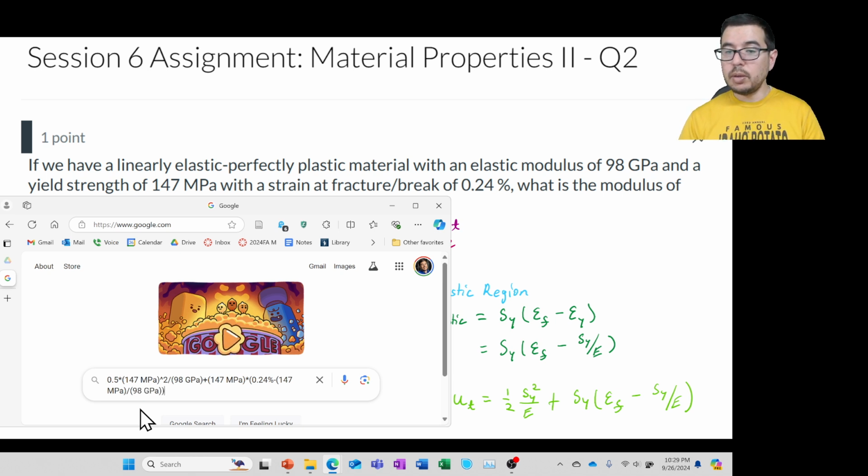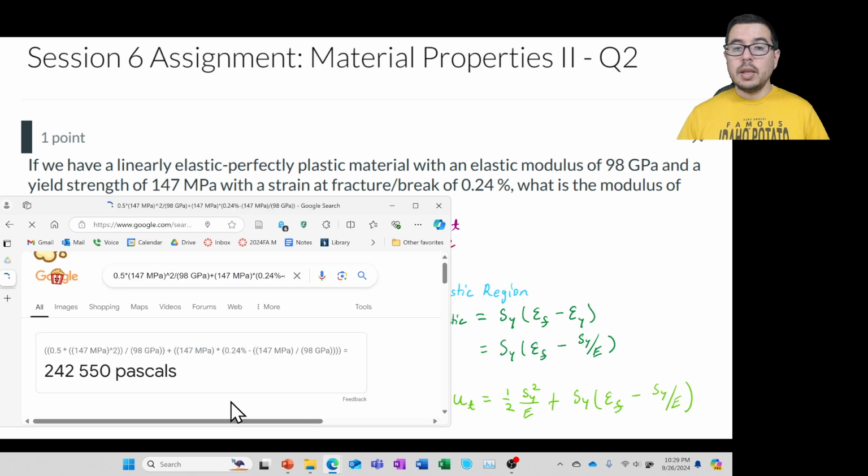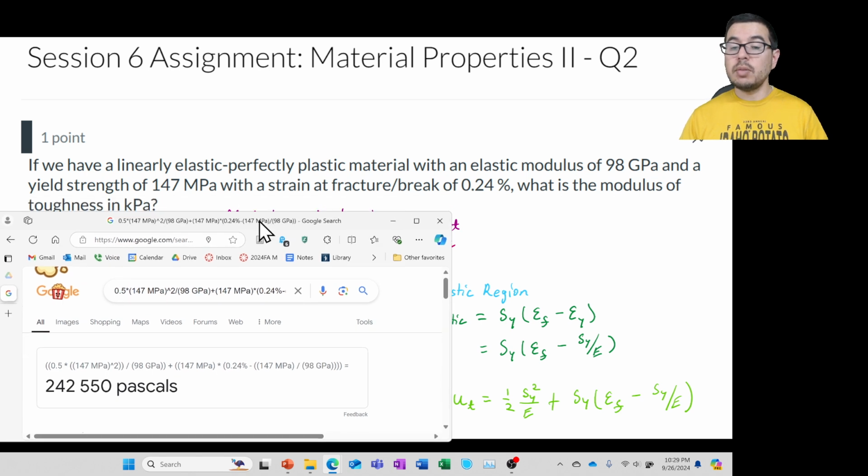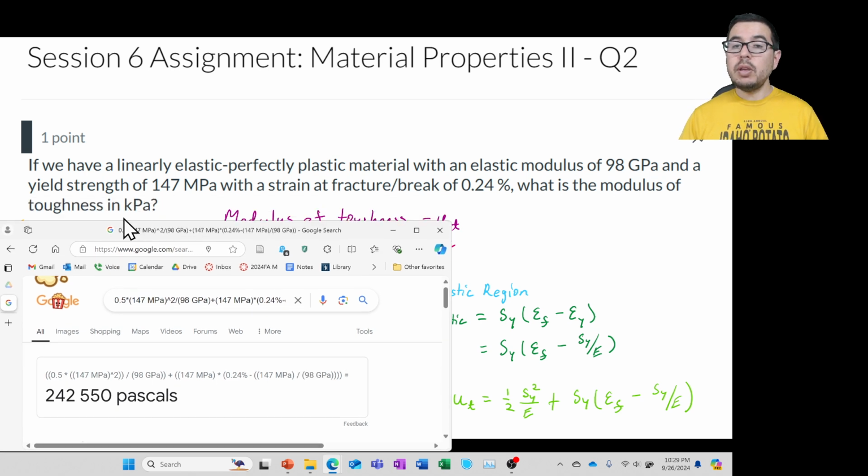Then we put another parentheses to close that off, and hit enter. It says it's 243,000 pascals.